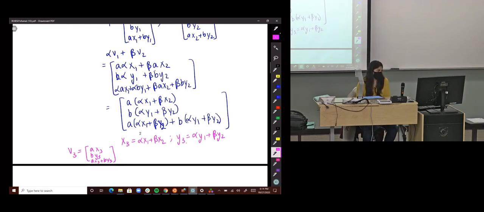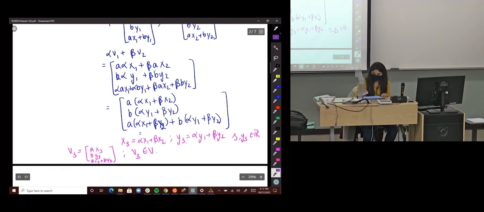There's no way you can get an imaginary number like that. So x3 and y3 are real numbers, and by that logic, we can show that v3 indeed belongs in V. So our conclusion is again that V is a subspace in R3.